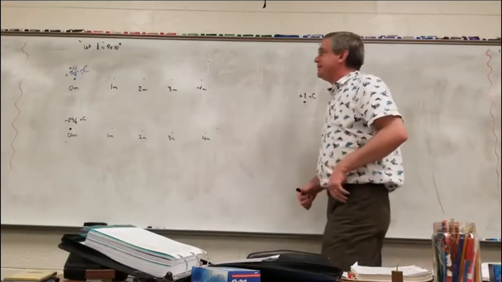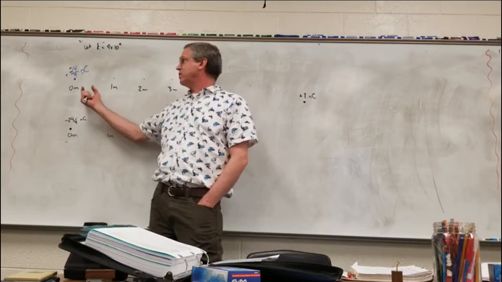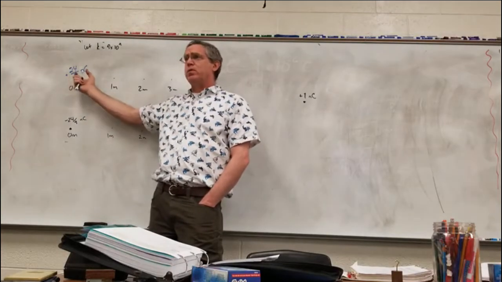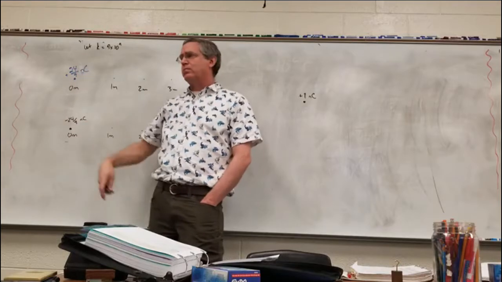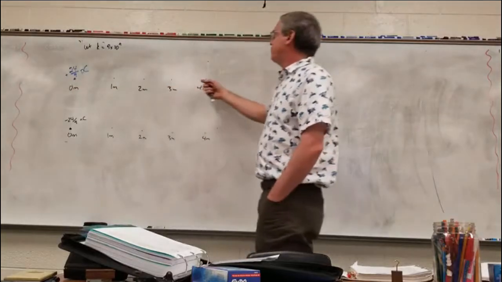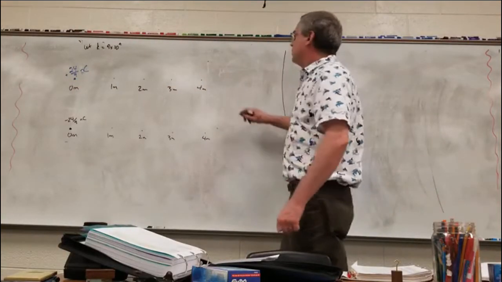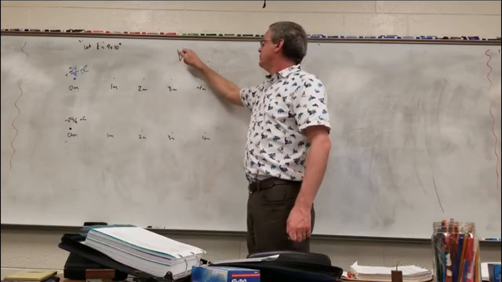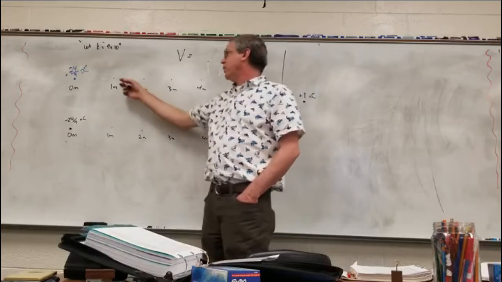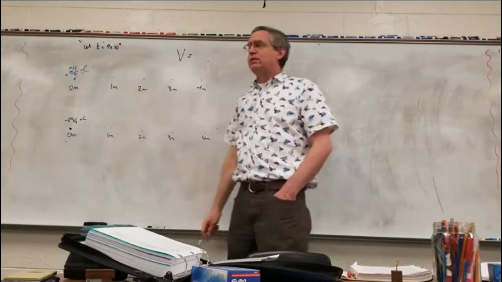All right, so where the class left off, sort of a recap of some of the stuff we did yesterday. I have a 24/9 nanocoulomb charge here, and the reason I'm going for the fraction is just so that the math works out nicely. What is the potential, otherwise known as electric potential, 1 meter away, 2 meters away, 3 meters away, 4 meters away from that charge?